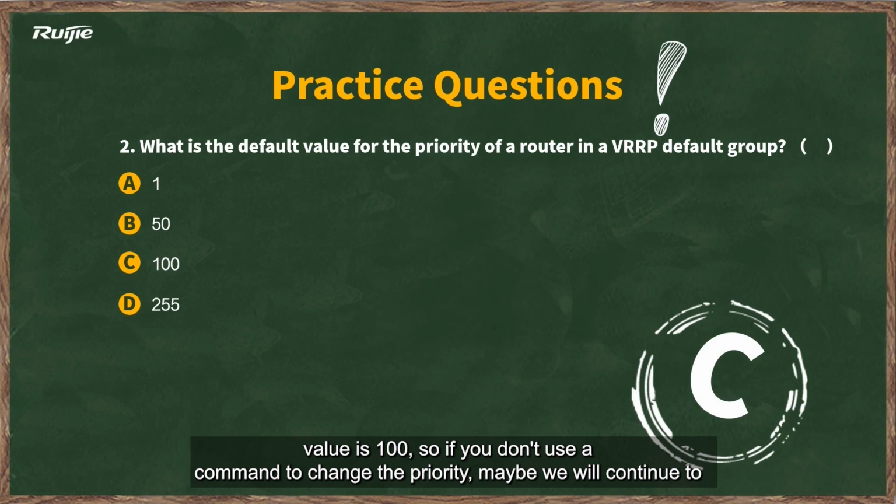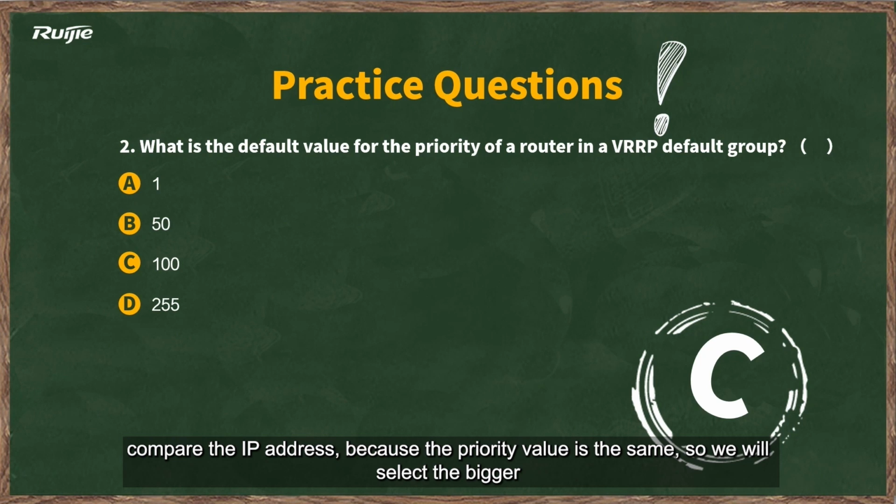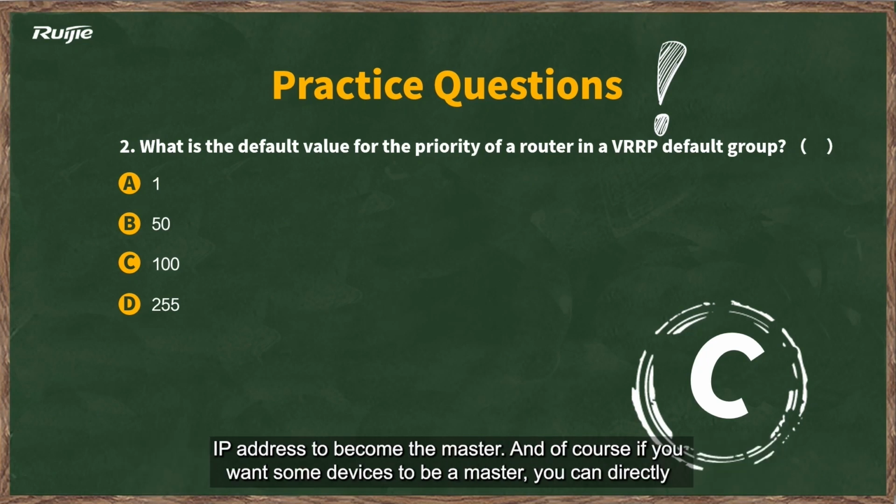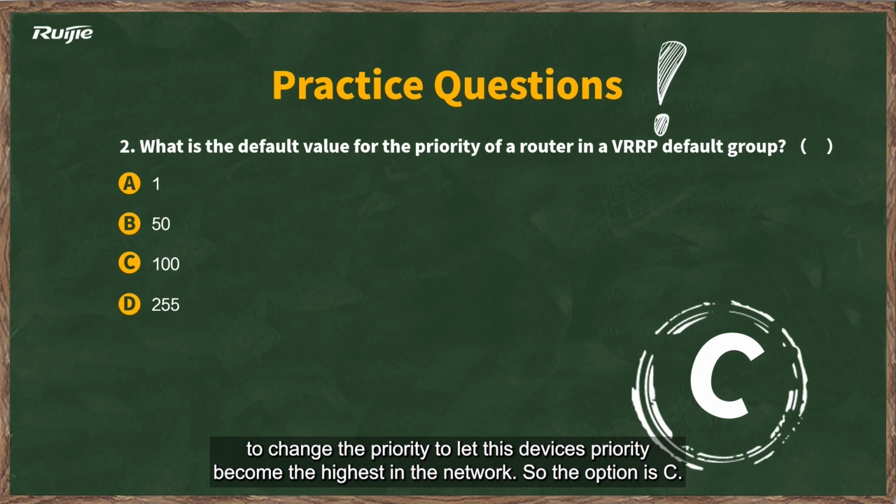If you don't use a command to change it, we continue to compare the IP addresses because the priority values are the same, and we select the bigger IP address to become master. Of course, if you want some device to be the master, you can change its priority directly, so this device's priority is the highest in the network. So the option is C.